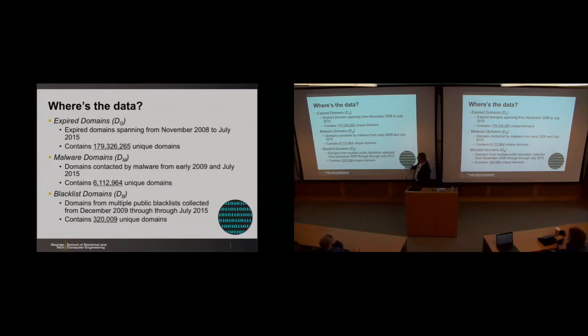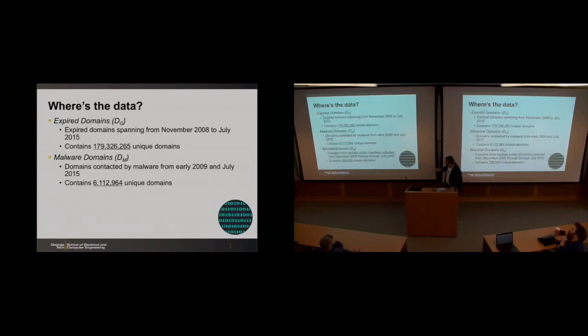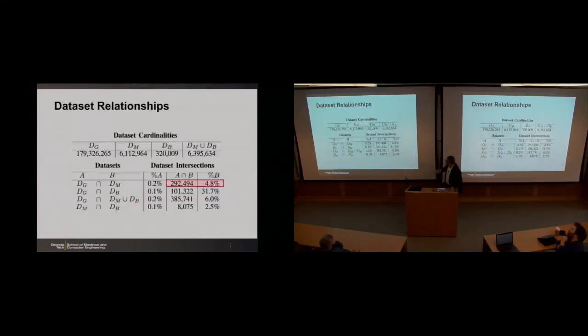And we tried to overlap these two sets with the major 180 million expired domain names over the decade. And these are the results. What you need to pay attention to are the two numbers here. This is the overlap between the malware domain names and the domain names that expired. And this is the overlap, 100,000 domain names between the public blacklist domain names and the domain names that expired.